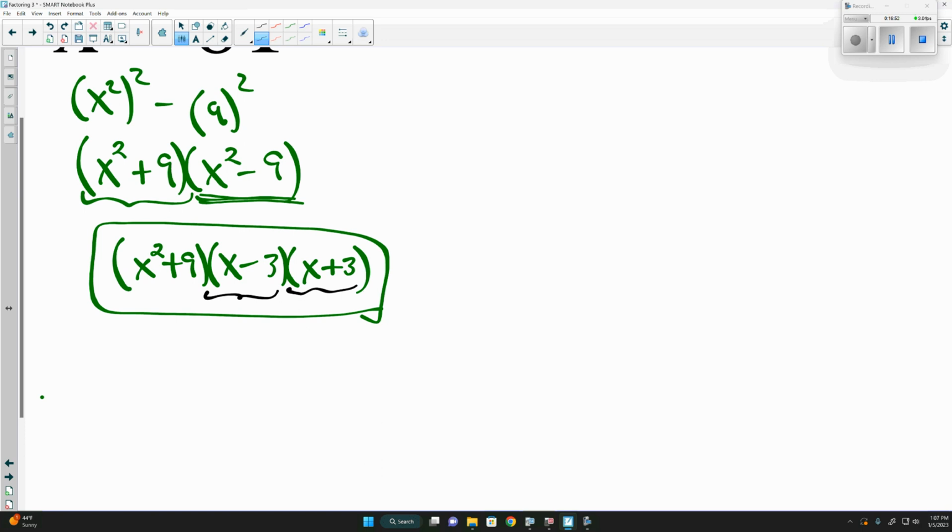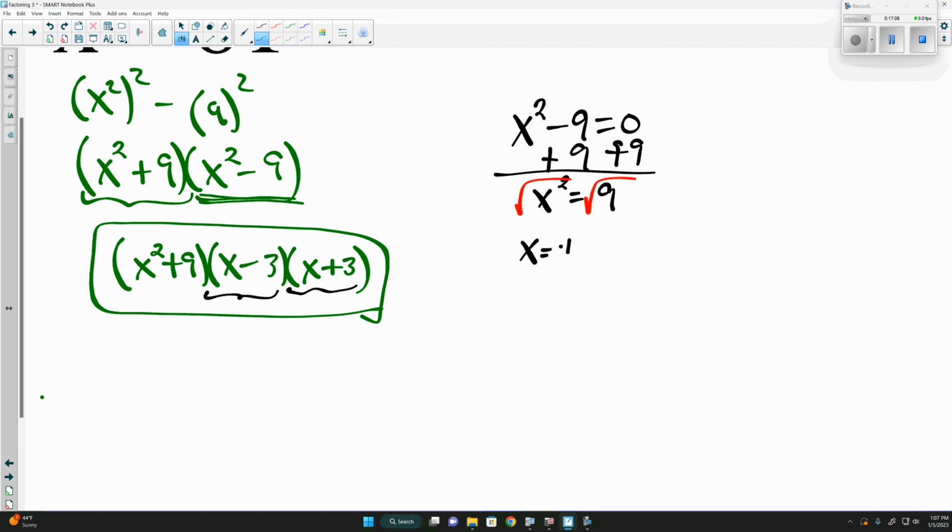So if we took x squared minus 9 equals 0 and solve for this here, well, we would add 9 first, telling us x squared is equal to 9. Square root both sides. Whenever we square root both sides, we have to add the plus or minus, so we get plus or minus 3. Those are real numbers, yes?